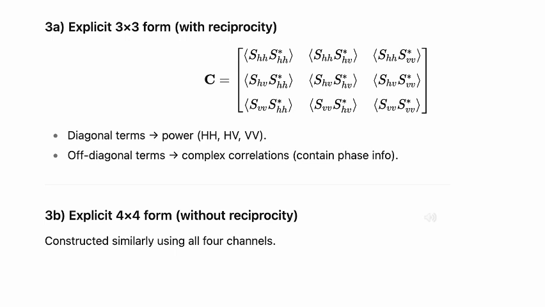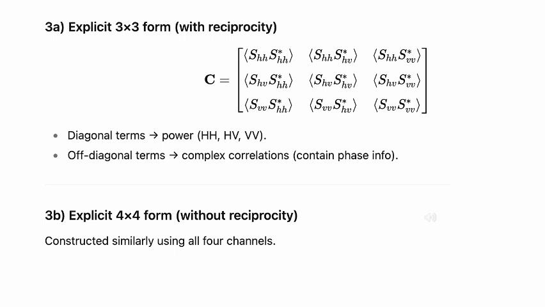Because C is Hermitian, the lower triangle is the complex conjugate of the upper triangle. If reciprocity does not hold, you build the same type of matrix from the 4-component vector and obtain a 4x4 covariance matrix. Same principle, more channels.